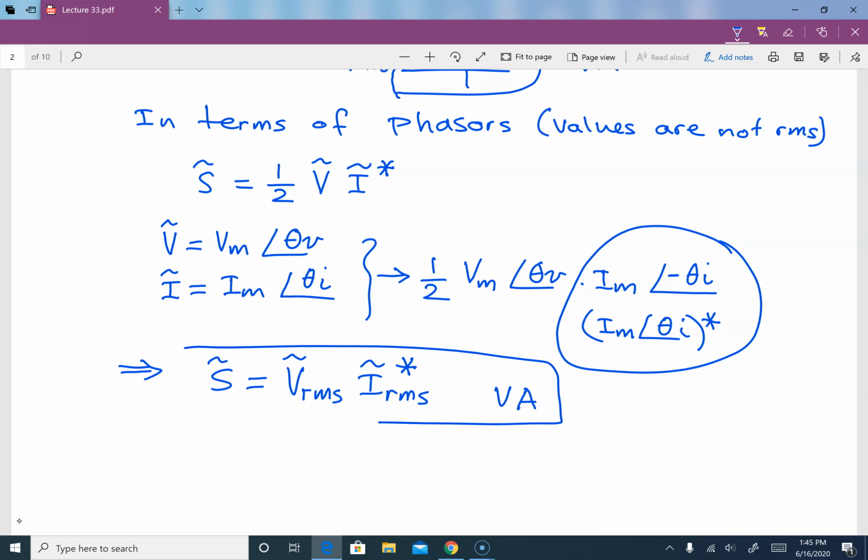You see this formula here? That is the most powerful formula in AC circuits.